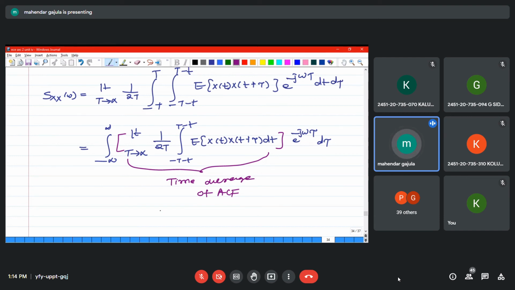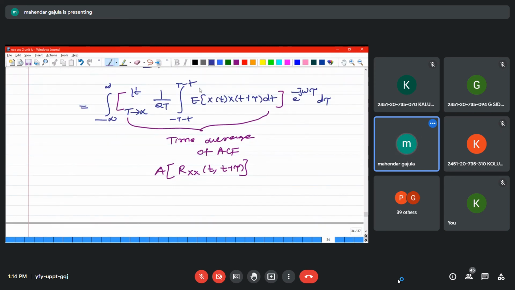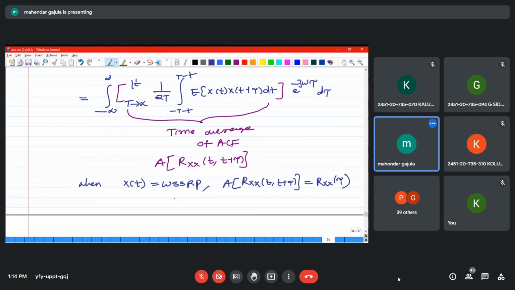Okay, so the time average can be represented with A of, or R_xx of, t plus tau. Already we said that x(t) is a wide sense stationary random process. For a wide sense stationary random process, this time average and ensemble average are equal, and this is equal to the autocorrelation function.